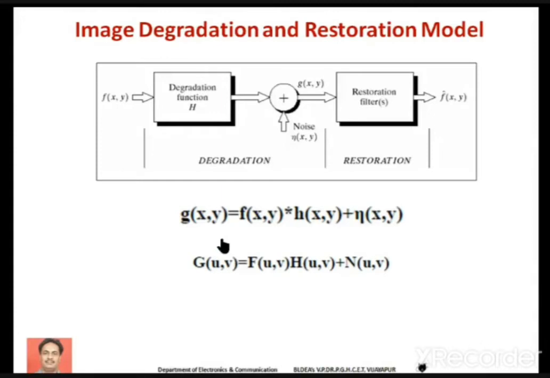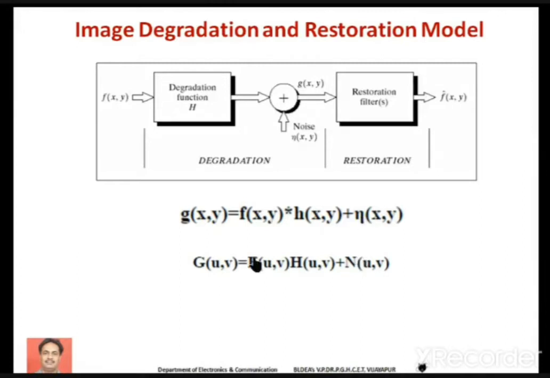And in the frequency domain, this equation can be written as capital G of u comma v equal to capital F of u comma v times capital H of u comma v, because the convolution operation in the spatial domain can be replaced with multiplication in the frequency domain, plus N of u comma v. This capital N of u comma v is the Fourier transform of eta of xy.